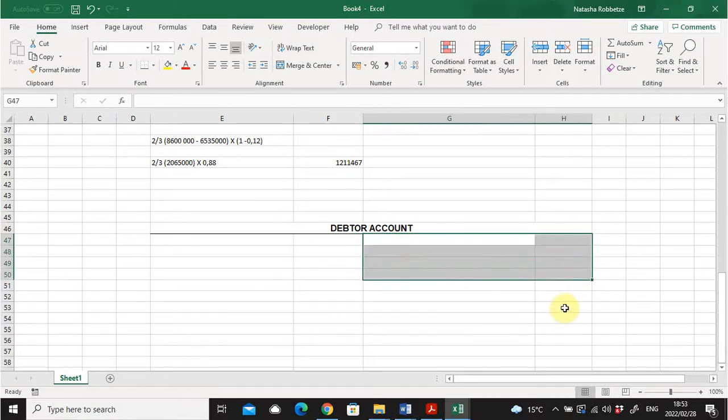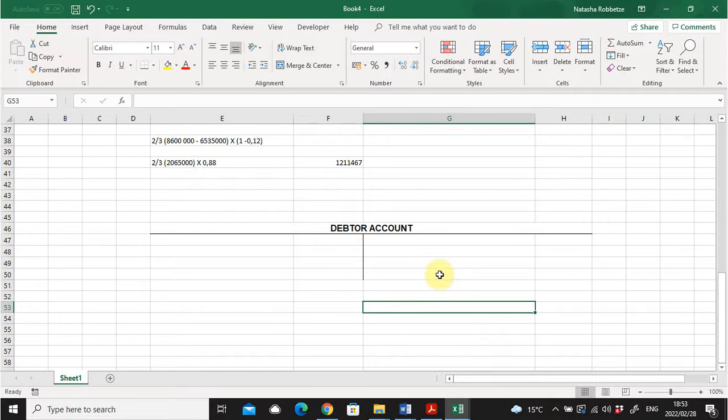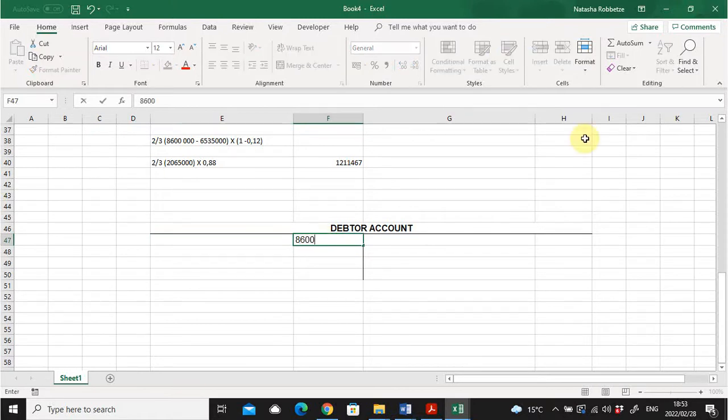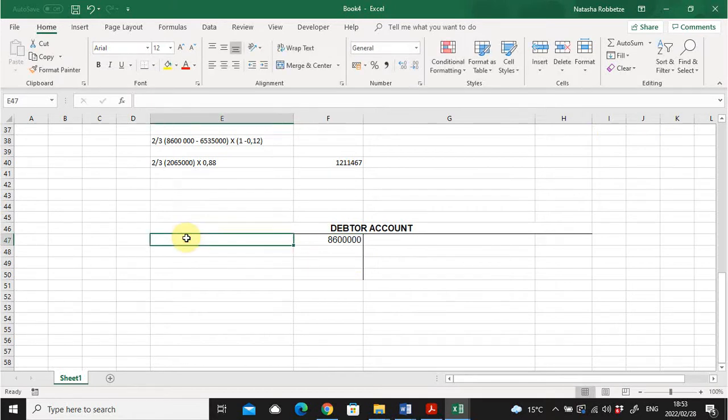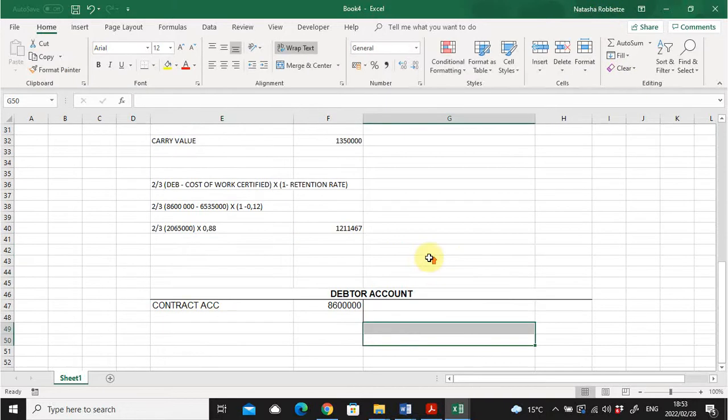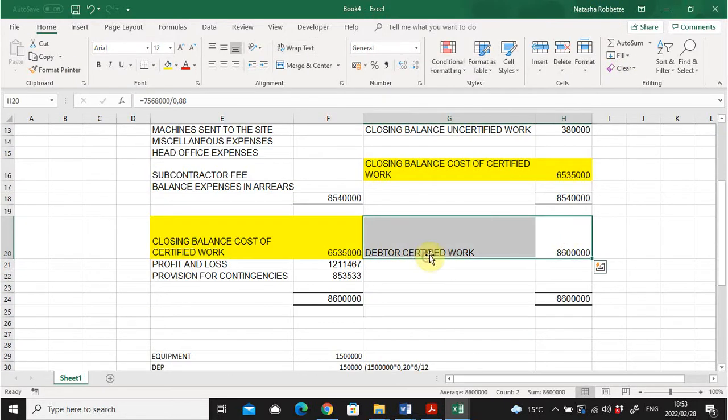Right, let's see what will go into the debtor T account. Well, we will have here our amount for the invoice. So it's going to be on the debit side where the account increases, the 8.6. And this we will simply call contract account because the double entry lies here.